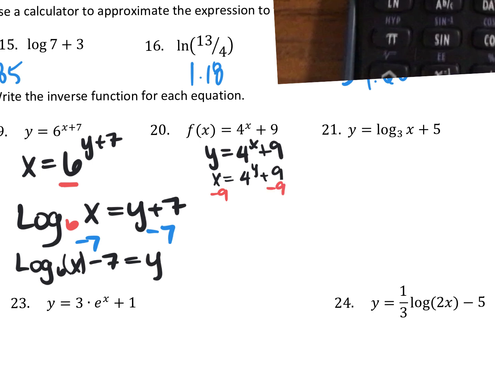So we have x minus 9 equals 4 to the y. Now I can rewrite my log, but I'm taking the log of the entire left side, so this is going to end up in parentheses inside my log. The base of my log is 4, so log base 4 of x minus 9. The parentheses are absolutely necessary here because the x minus 9 is inside the log.